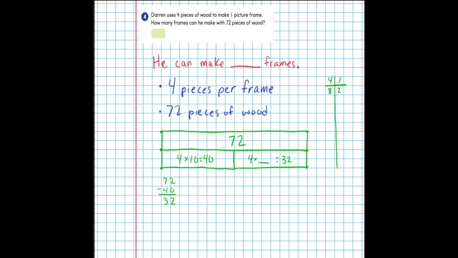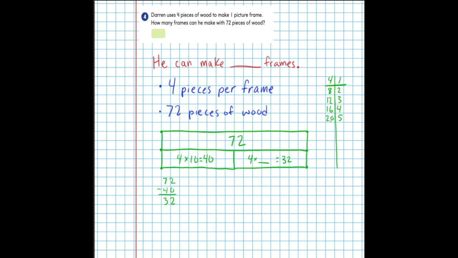That's 8. And we have 3 times 4, and that's going to be 12. And then we have 4 times 4, and that's going to be 16. All right, 4 times 5 is going to be 20.